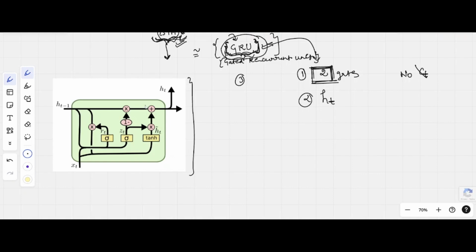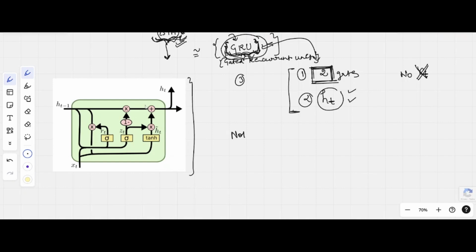There is no separate cell state for storing the long term memory. We only have a single state which is maintaining both short term context and long term context. So these are the two main differences in GRU. Now let's dive deep into it. First, we will follow the same pattern as we used in the LSTM video.